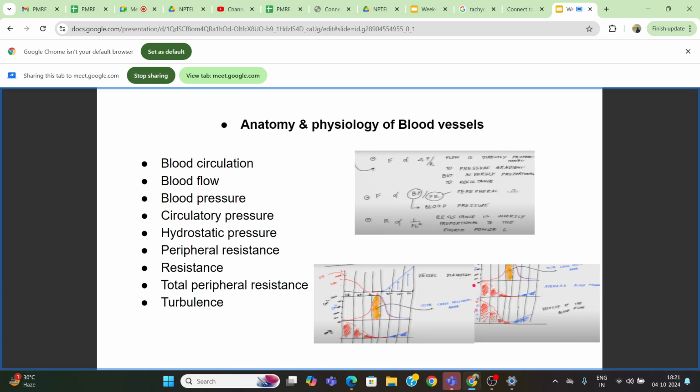Like that, we have also seen total cross-sectional area, average blood pressure, and the velocity of blood flow. All these are related. Pressure and velocity of blood flow look like almost a similar kind of graph, so just connect the similar graphs and try to remember in that sense. Then it will be easy for you.